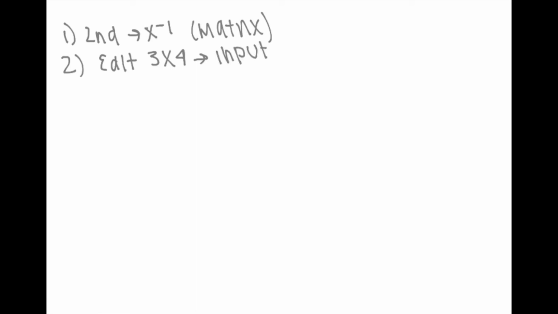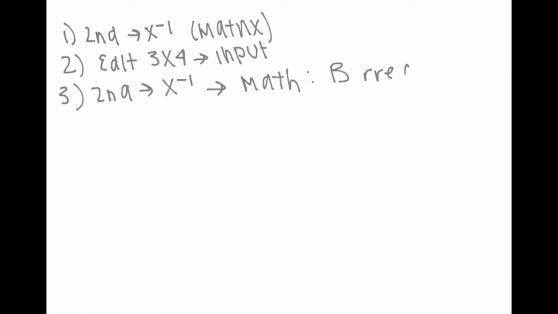The third step is to actually solve. So again, you'll quit the previous matrix. It'll take you back to your regular home page. Go back to second matrix again, or in this case, second x to the negative 1, and then go right 1, which will take you to the math page. If you go all the way to where it says B, RREF, parentheses, this is the program that you want to use for solving the matrix.